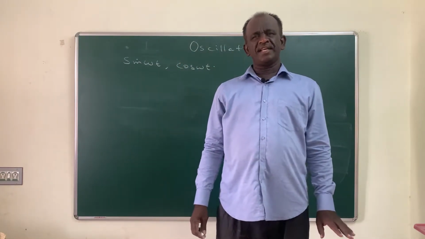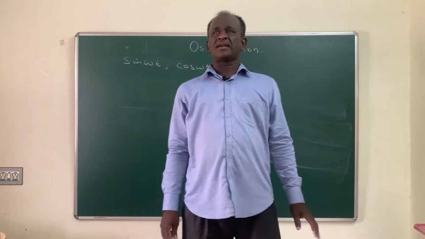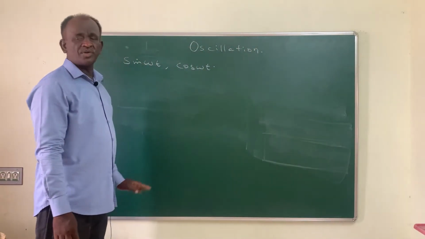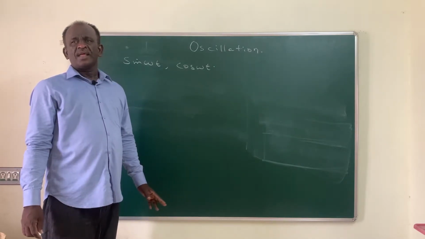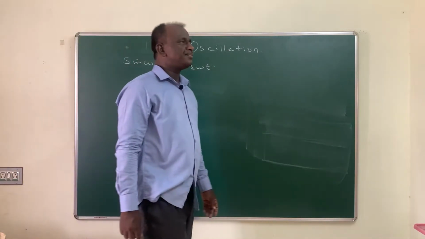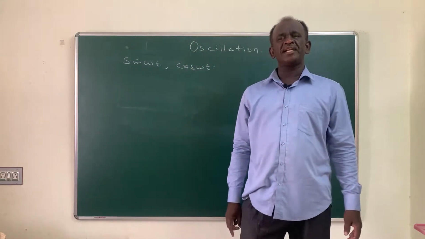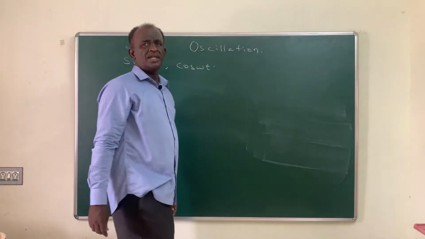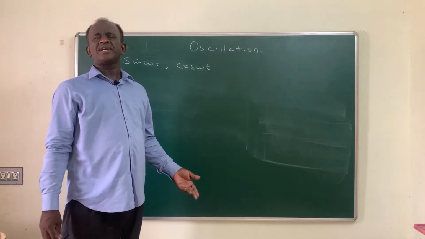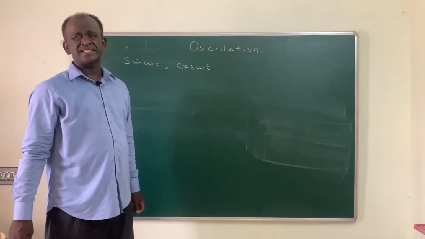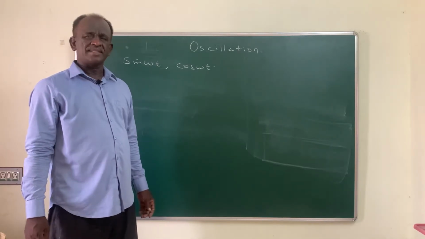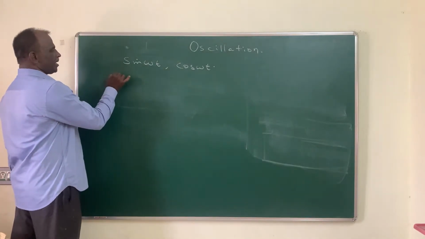To check whether an equation is simple harmonic or not, we have to differentiate twice, and we have to get the expression a equal to minus omega square y. If it is a equal to minus omega square y, then we can identify the given equation as simple harmonic motion. Let me give an example.